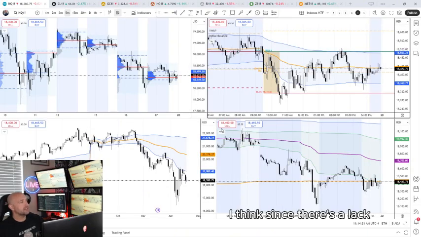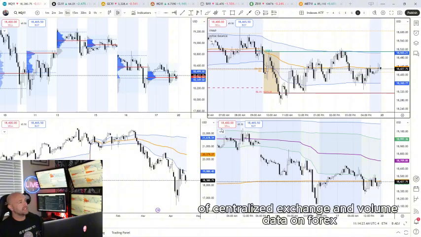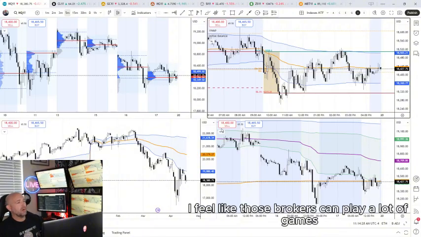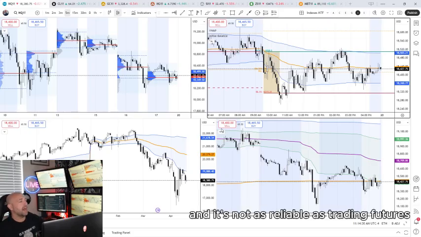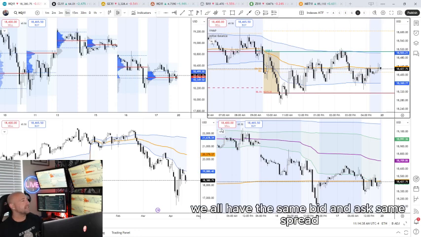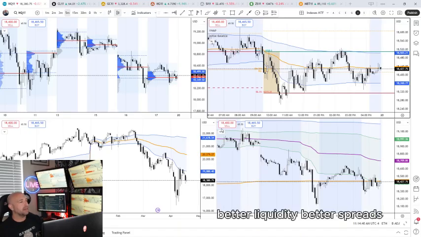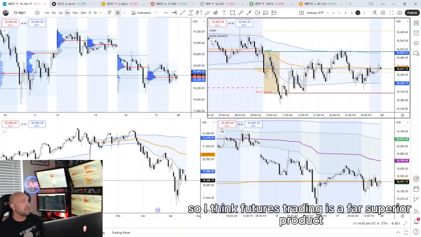I think since there's a lack of centralized exchange and volume data on Forex, I feel like those brokers can play a lot of games, and it's not as reliable as trading futures, which has a centralized exchange. We all share the same data. We all have the same bid and ask, the same spread, better liquidity, better spreads. So I think futures trading is a far superior product.